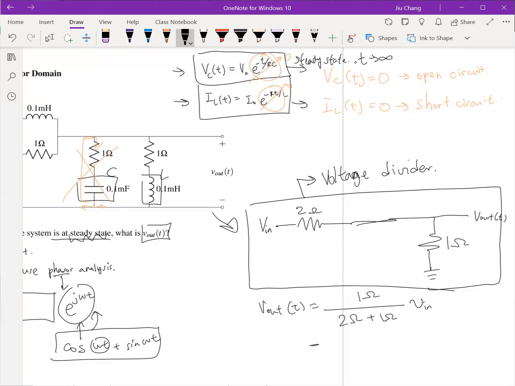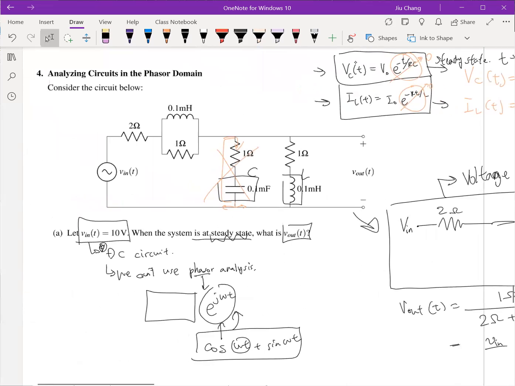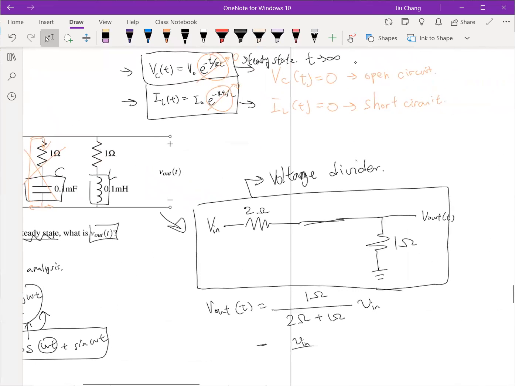So that just gives us Vin over, so we're given Vin, that was 10 volts, so 10 volts over 3 ohms. Oh wait, no ohms. So now we solved for our V out, and that'd be all for part A.